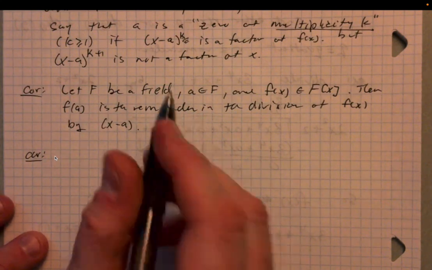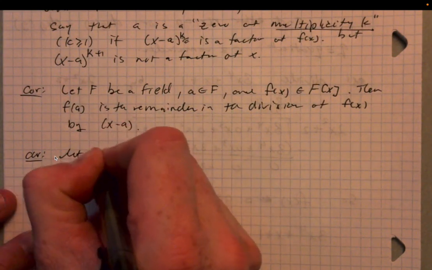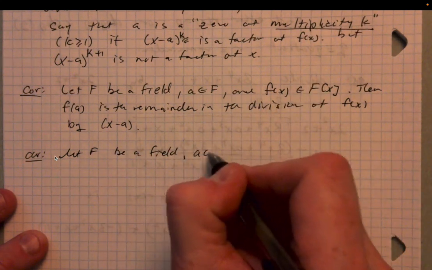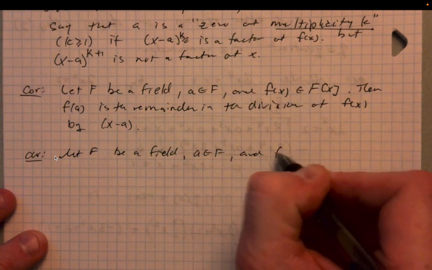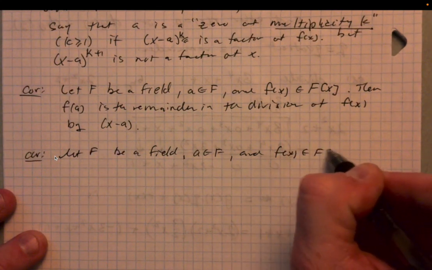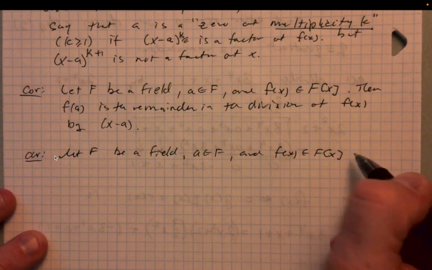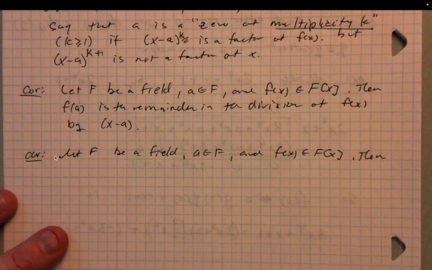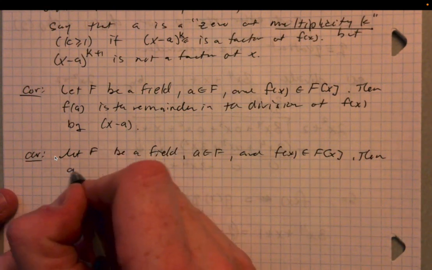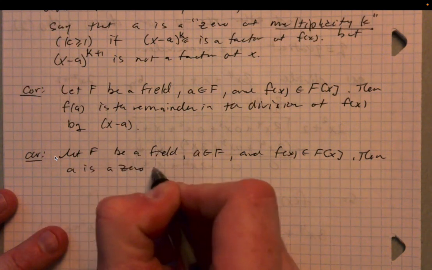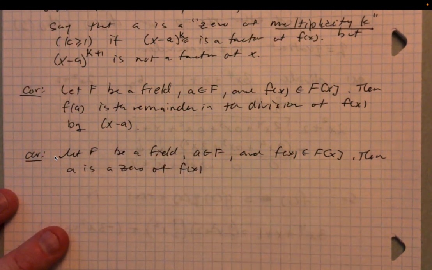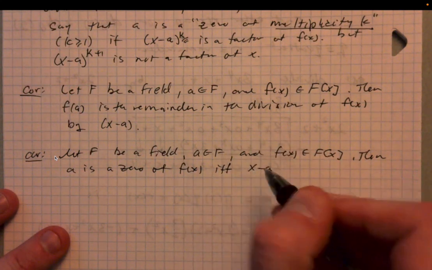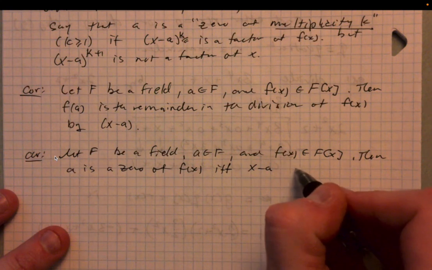The second one: let F be a field, a is in F, and f of x is in the field of polynomials over F. Then a is a 0 of f of x if and only if x minus a is a factor.